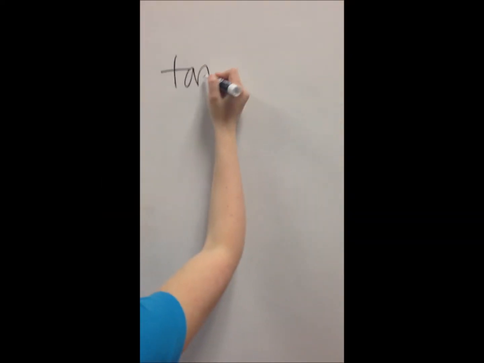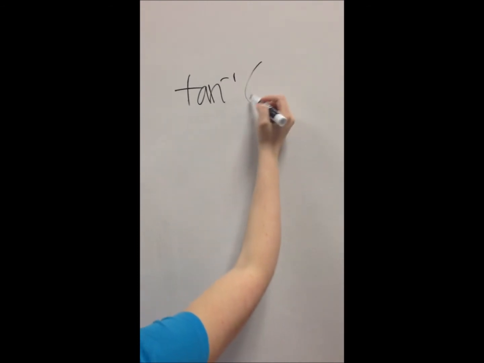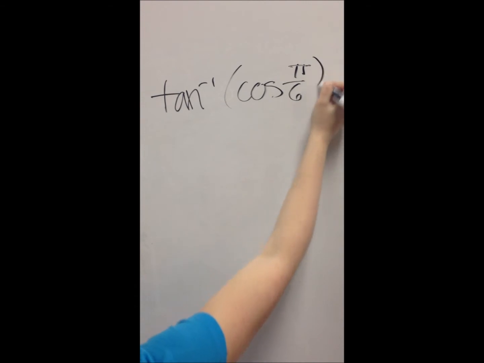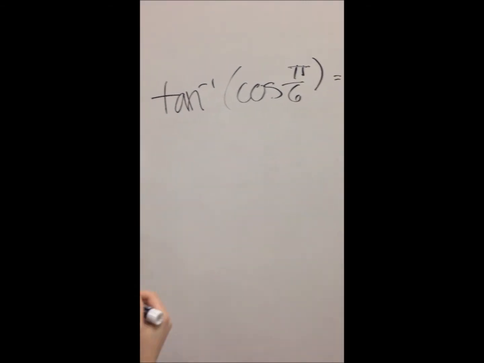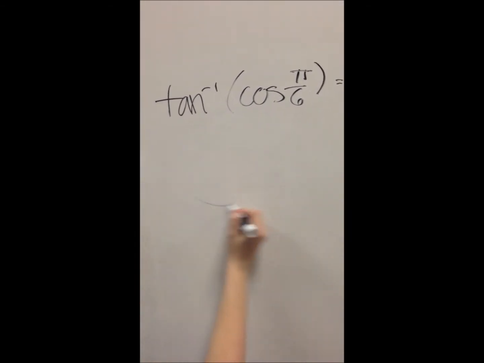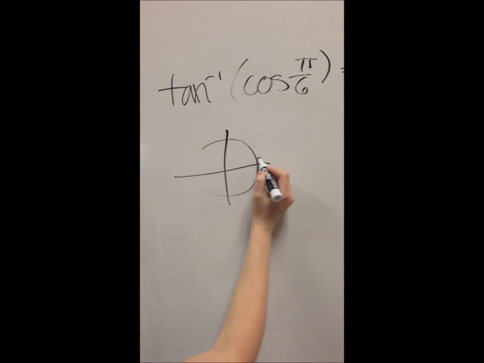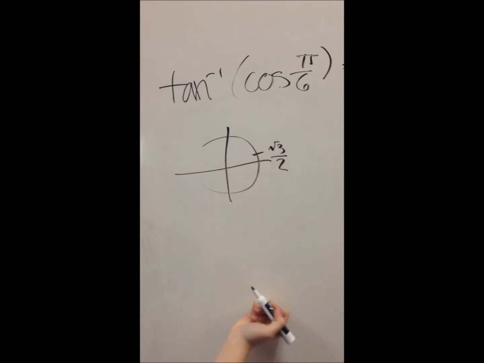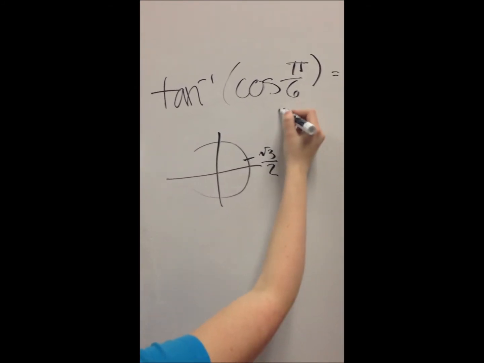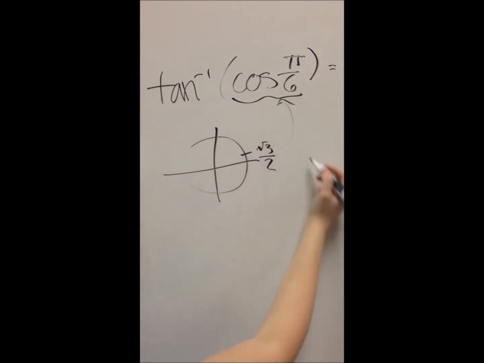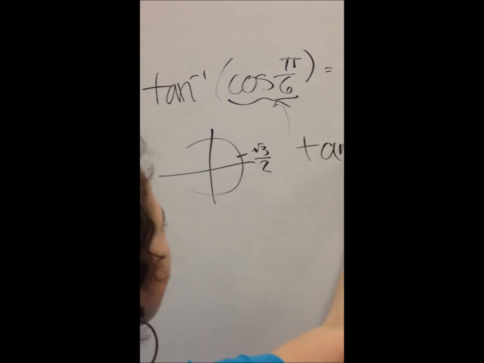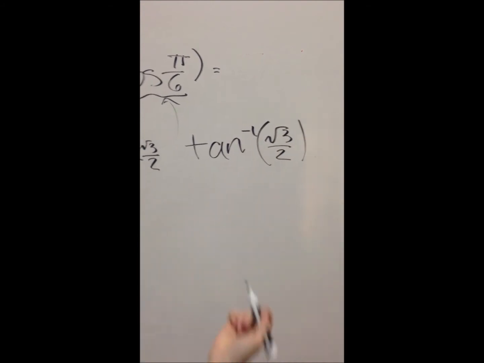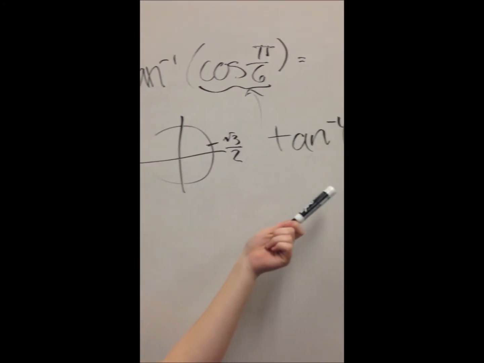The inverse tangent of cosine pi over 6 equals something. Okay, so for cosine pi over 6, you draw the little circle. Pi over 6 is right there. The cosine is square root of 3 over 2. So you substitute that in, and you get tan inverse of square root of 3 over 2. Now, square root of 3 over 2 is not a special value.